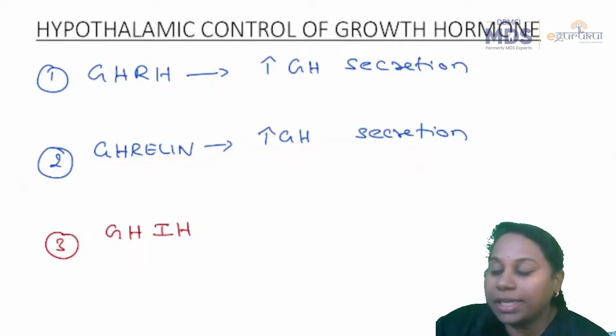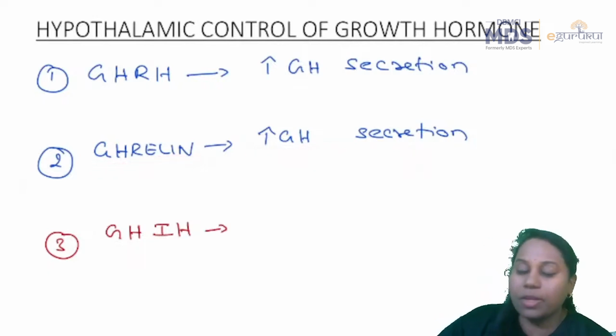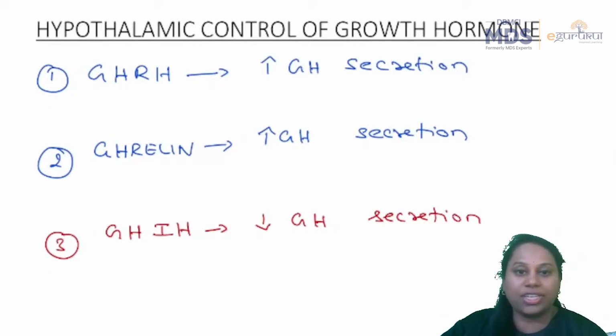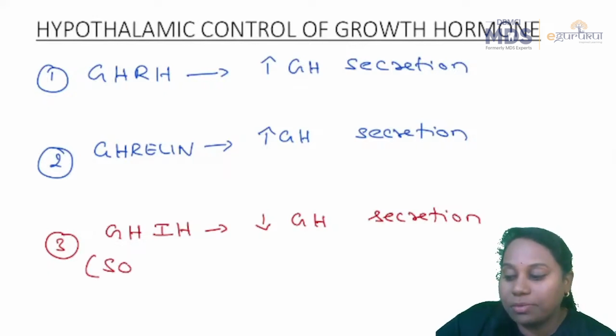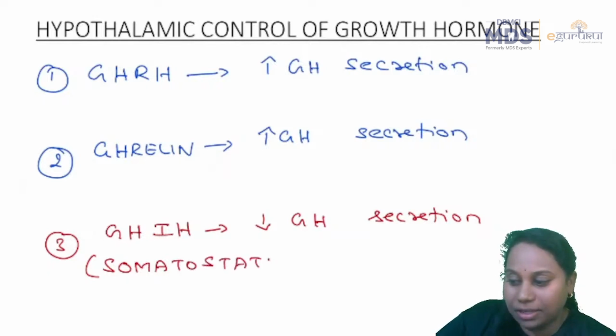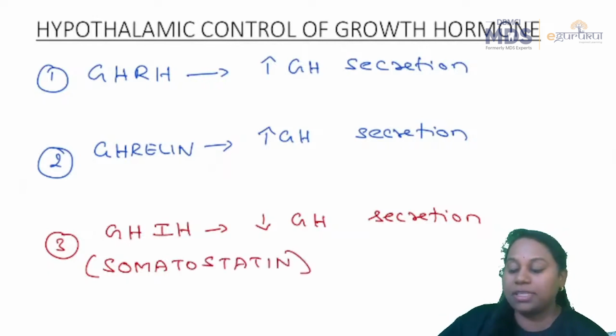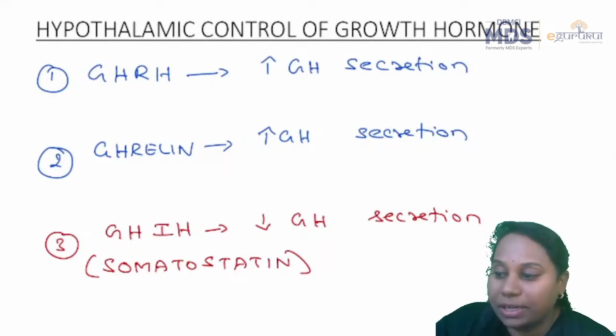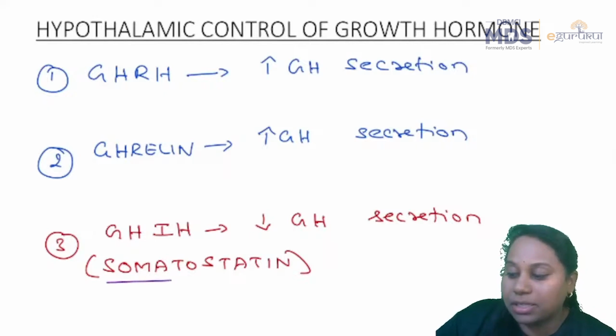Growth hormone inhibitory hormone: the name indicates inhibitory, so it decreases growth hormone secretion. Which is the growth hormone inhibitory hormone? Somatostatin. From the name itself, you can easily learn this. Somat means body or body growth.